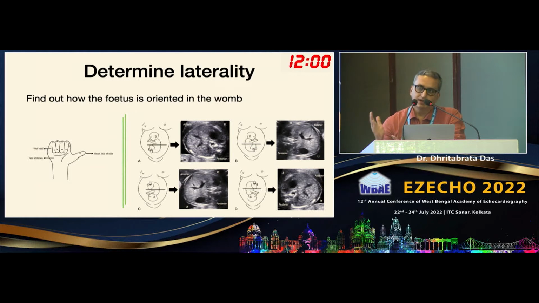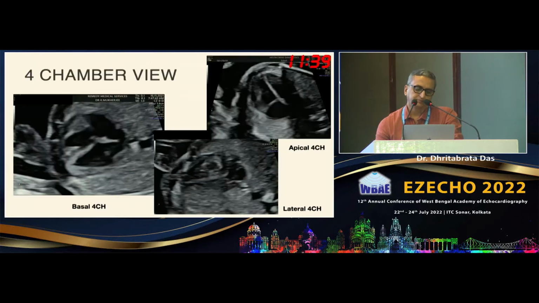So similarly, you can imagine yourself in the position of the fetus and you can find out the left and right before starting the cardiac screening. Or you can use the fist also and imagine if the fist is the baby's head and the palm is facing towards the baby's abdomen, then the thumb will be pointing towards the left side of the fetus.